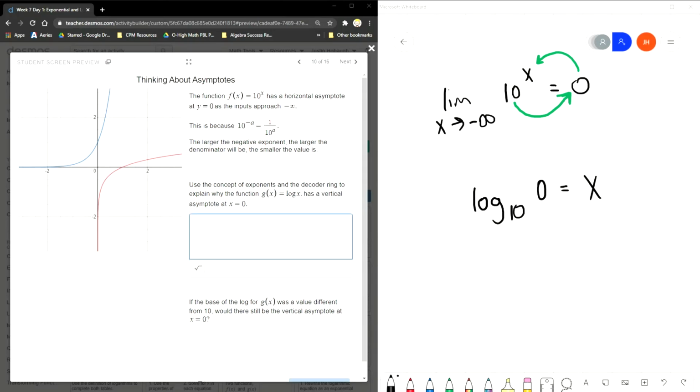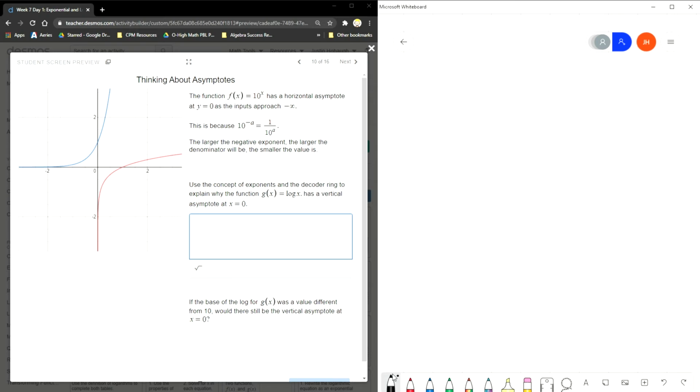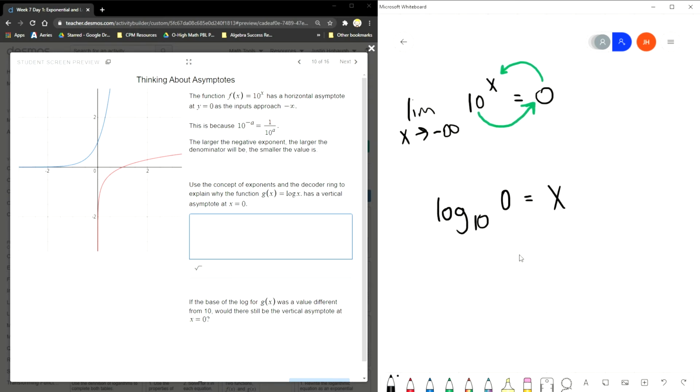So what I can claim then is that as I plug in small numbers, essentially 0, my logarithm is going to go towards, oops, my bad, I accidentally lost my picture. X is going to go towards negative infinity. So how would I explain that in words?